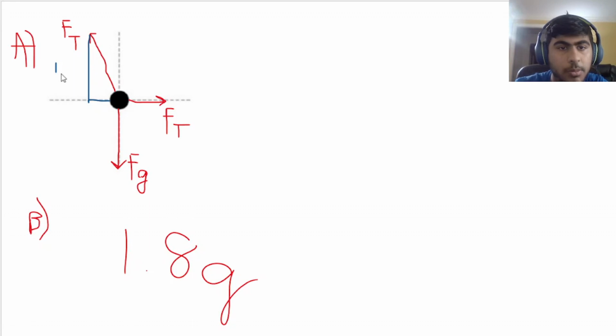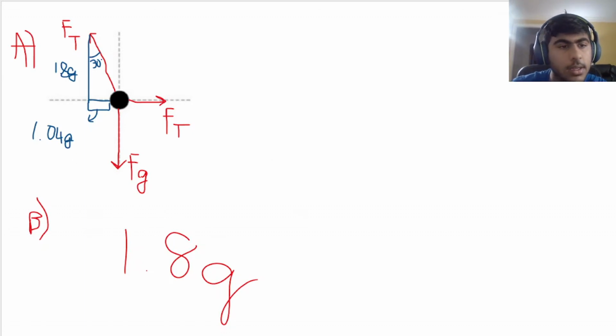So this is going to be 1.8 g, and the 30-degree side is right here, which means that this side that has the tension force is going to be tangent of 30 times 1.8 g. Tangent of 30 times 1.8 is going to be 1.04 g.